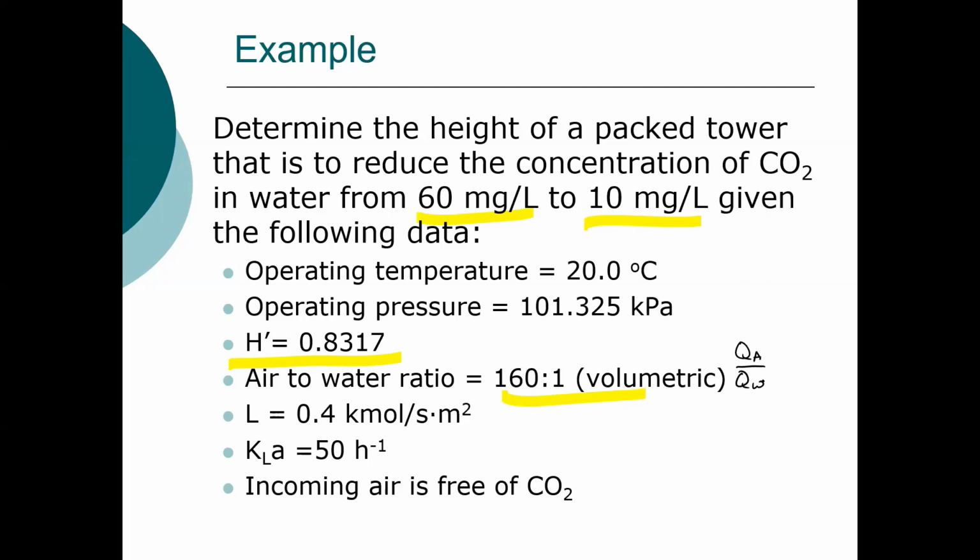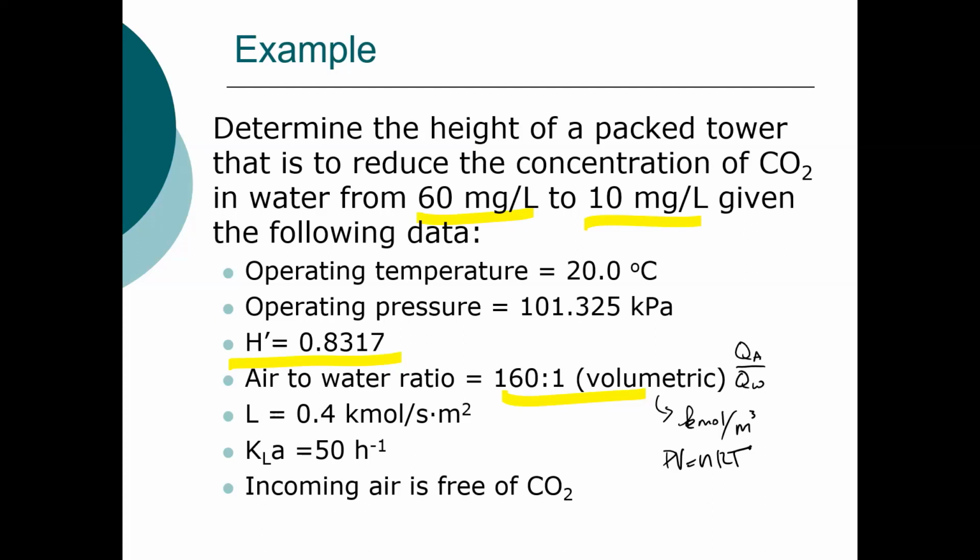Now, notice, before we said this was in kilomoles per meter cubed, but yet we have a volumetric flow rate. Because PV equals nRT, the volumetric flow rate is equal to your flow rate in kilomoles per meter cubed.